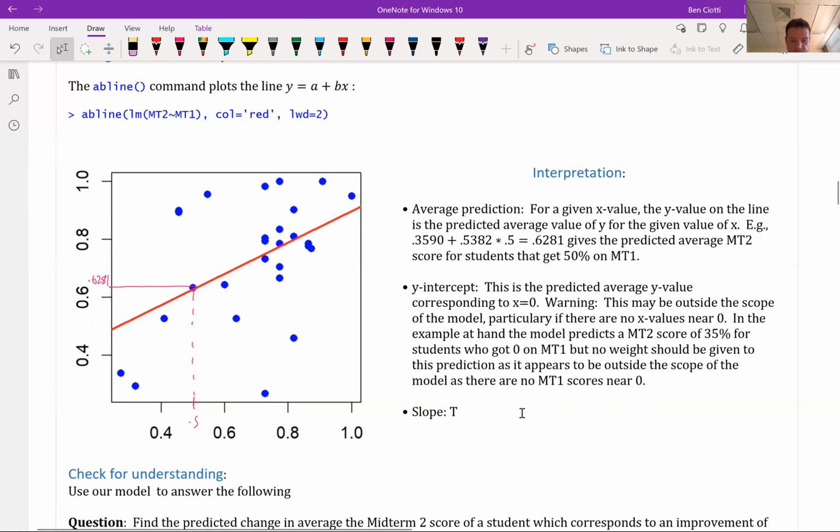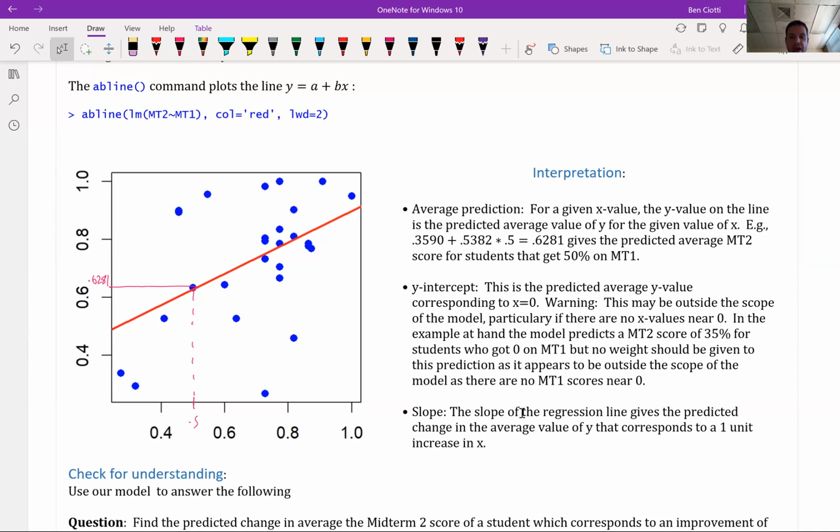So the slope of the regression line gives the predicted change in the average value of y that corresponds to a 1 unit increase in x.